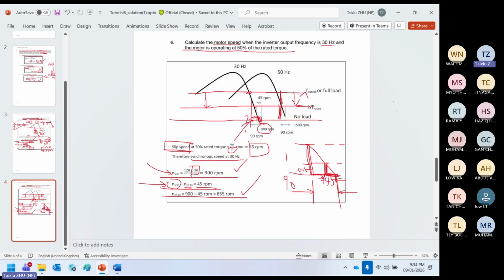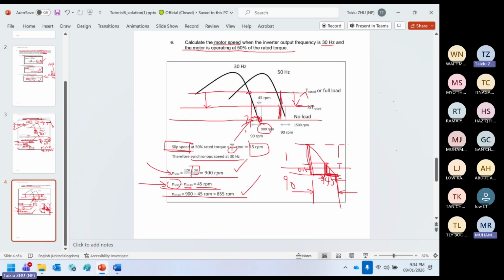You lower by 2/3, this one also goes 2/3. If you lower more, this one becomes narrower too. So you go up, then go up here. That's the whole story of induction motor control using the V/F constant method.